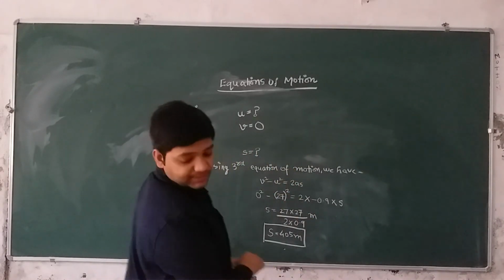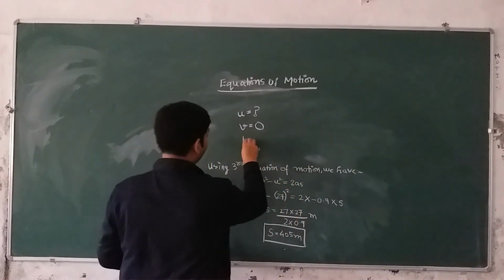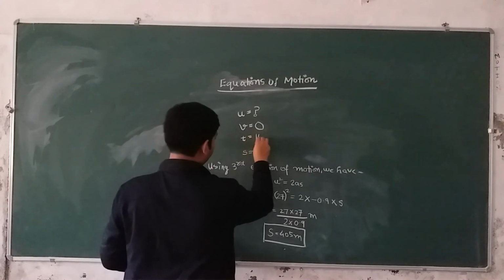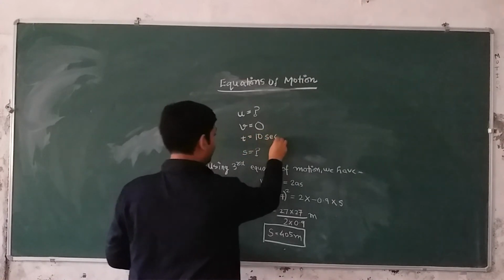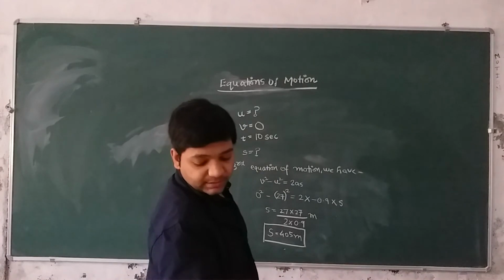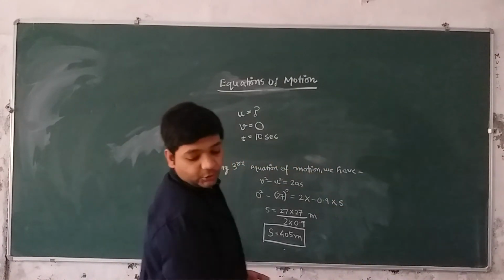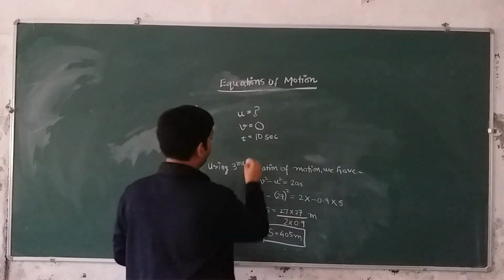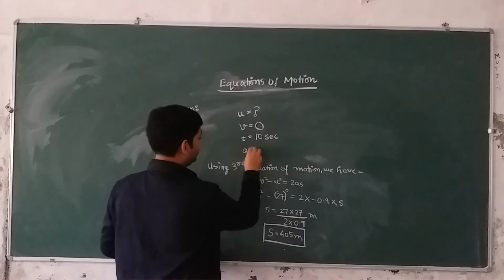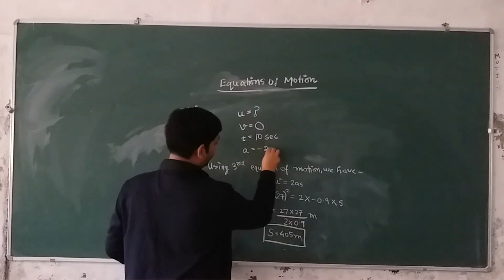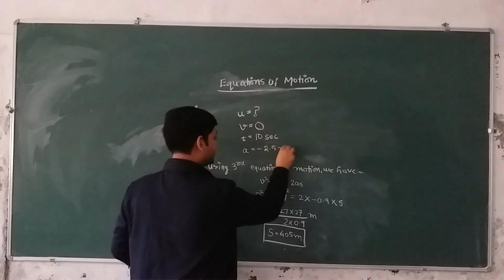And the value of retardation is given as 2.5 meter per second square. So a will be minus 2.5 meter per second square.